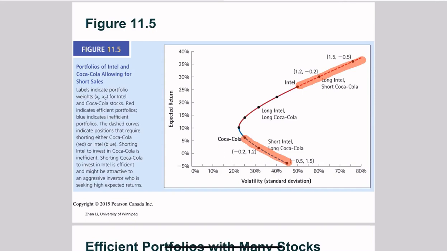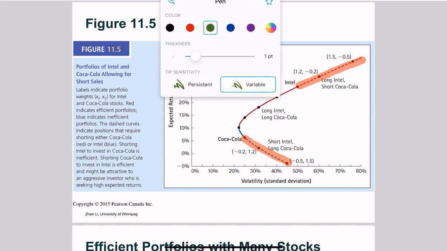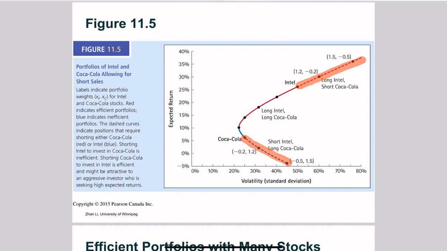Basically, for this point, you will do some short sale in Intel, right? 20% short sale in Intel. For this point, you're doing this 20% short sale on Coca-Cola, and the portfolio weight of Intel would become 120%, right?